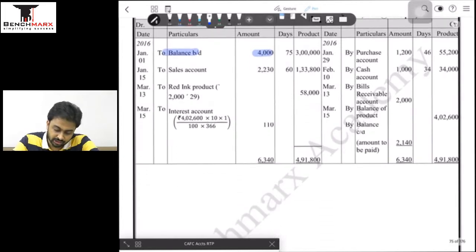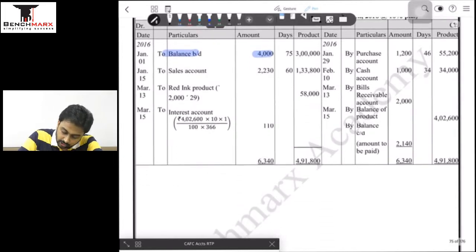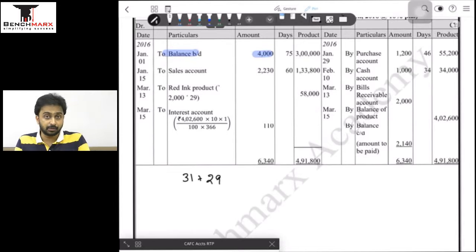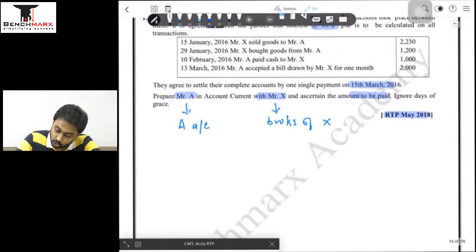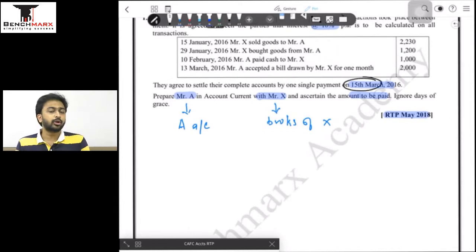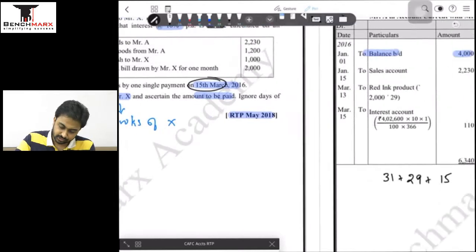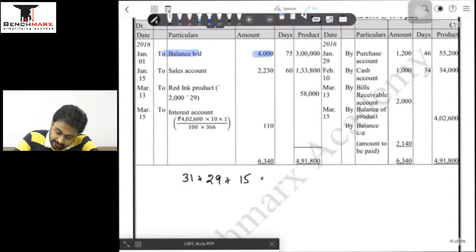So how would the number of days computation have come? It would be 31 days of Jan plus 29 days of Feb, because it is a leap year, 2016 is a leap year, and plus 15 days of March, because the amount is to be settled on the 15th of March. So we are going to have this account only up to 15th of March. That is as good as saying 75 days.